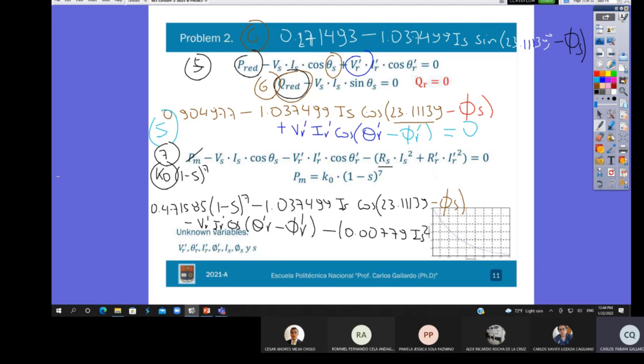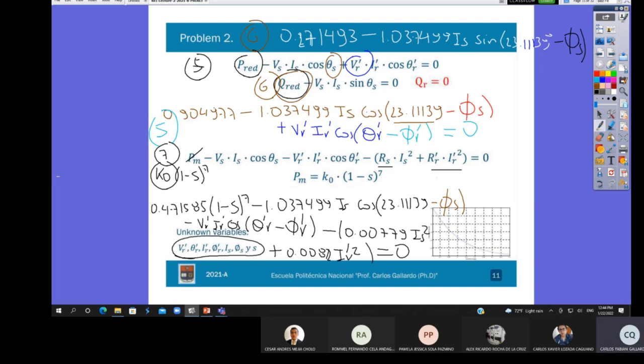Plus the rotor resistance, 0.0082, times the rotor current prime squared, because it's the rotor active power losses, and this is equal to 0.